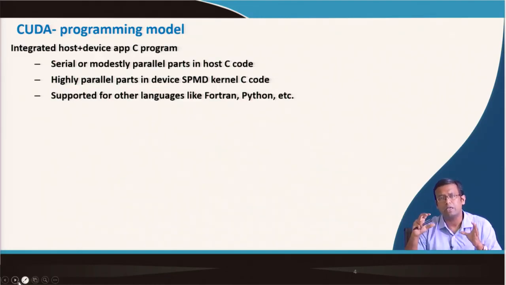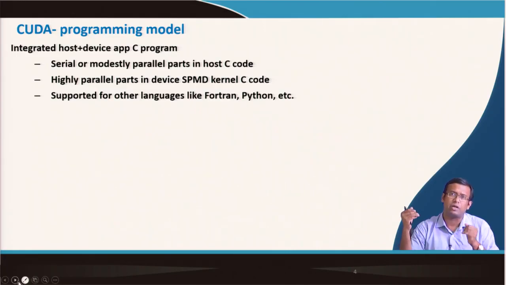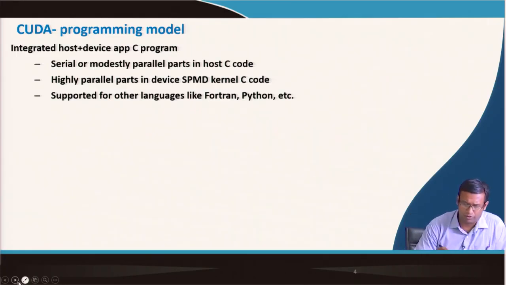That is also like a C program, but it is called a kernel function, and there is certain syntax in CUDA by which this kernel function is identified as running on the GPUs. It is supported for languages like Fortran and C.